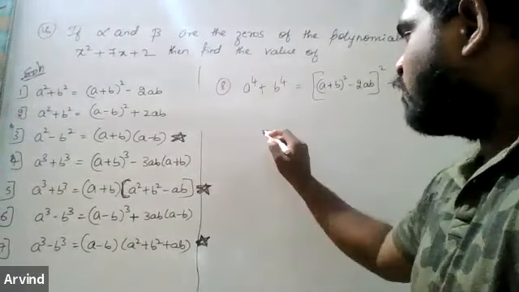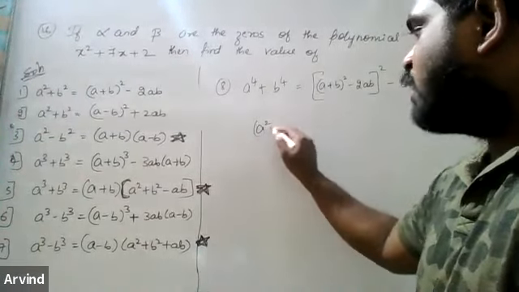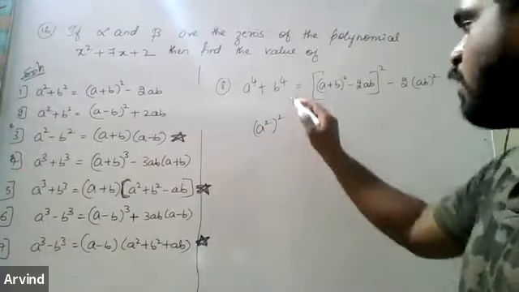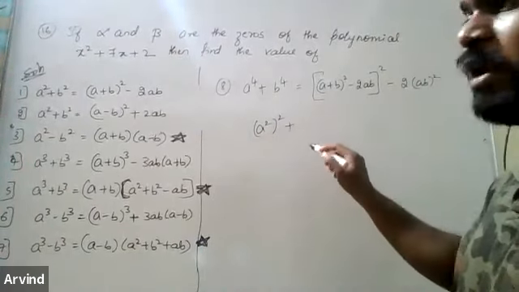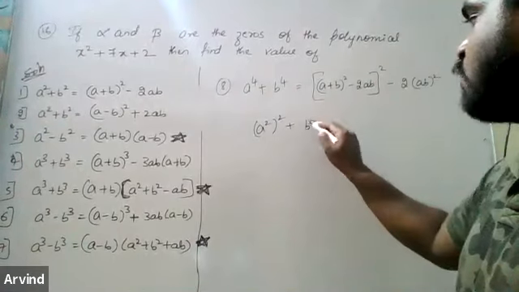Can we write this a power 4 as a square the whole square plus b power 4 as b square the whole square?